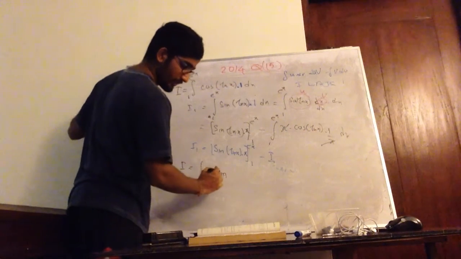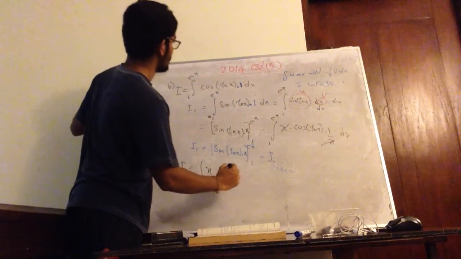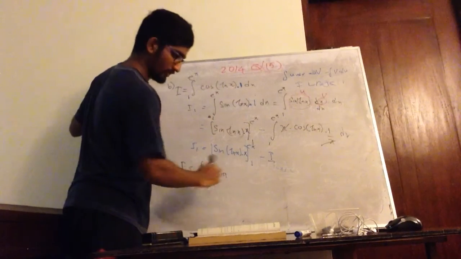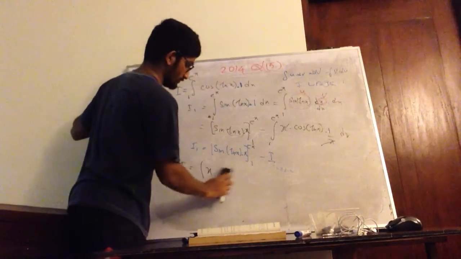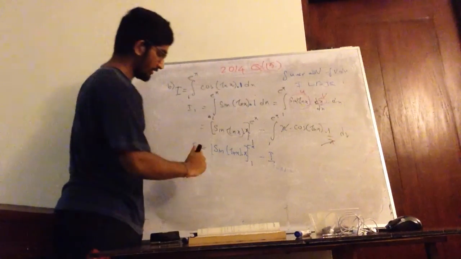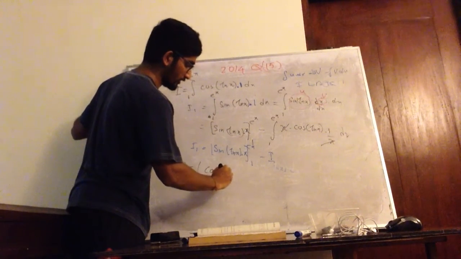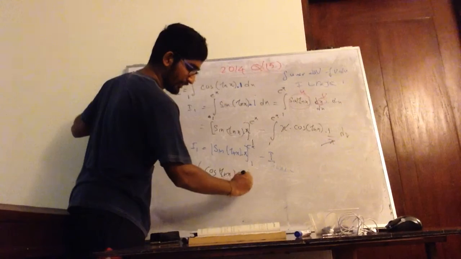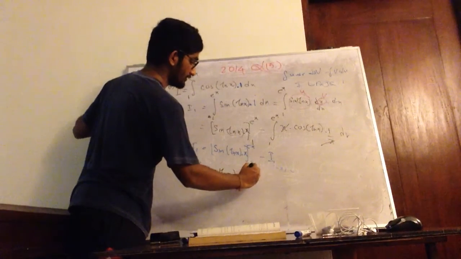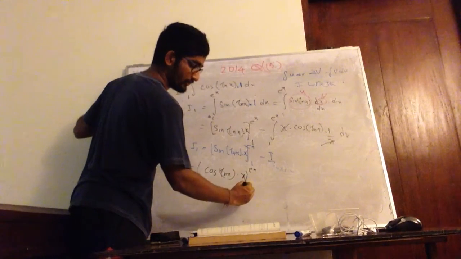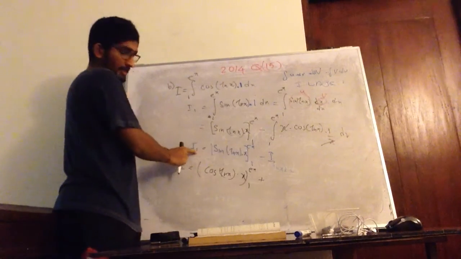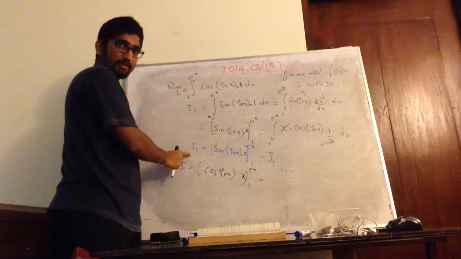So it was x sine, it was x cos x, no? So in the previous derivation it was this, no? Cos ln x, from e^π to 1, plus I, plus I1, correct?